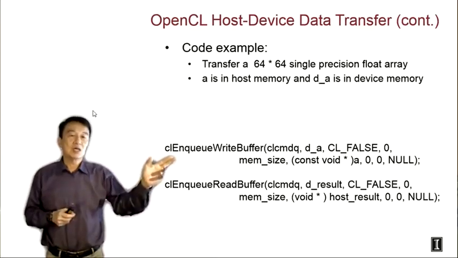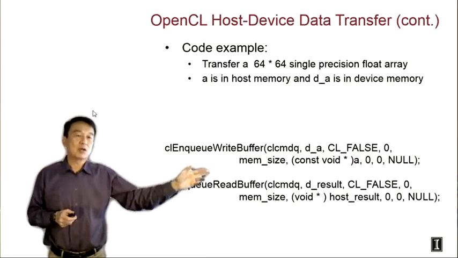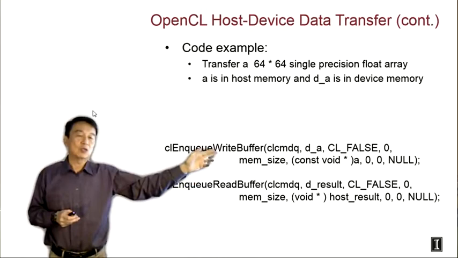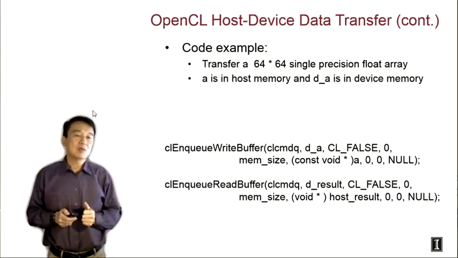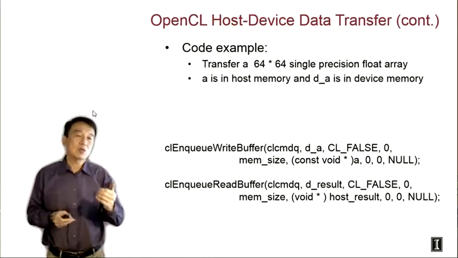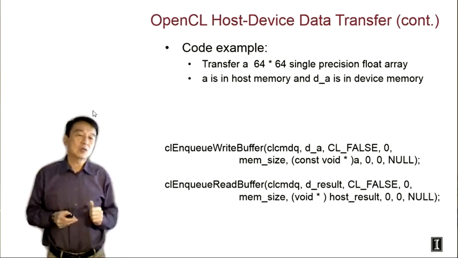We can use clEnqueueWriteBuffer with all the appropriate parameters to transfer from host location A to the device location pointed to by d_A. By setting the blocking flag to CL_FALSE, we make this command asynchronous. That is, the command will return right away, but it may or may not have completed that data transfer yet.